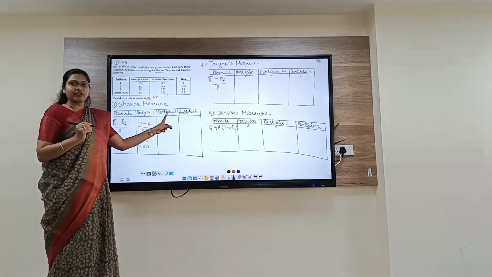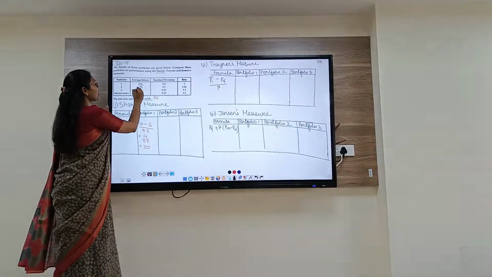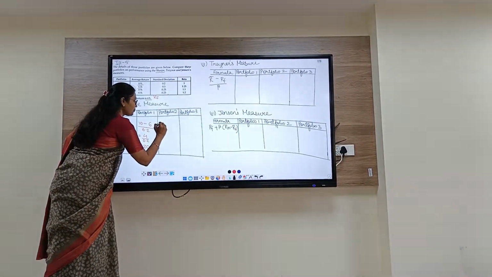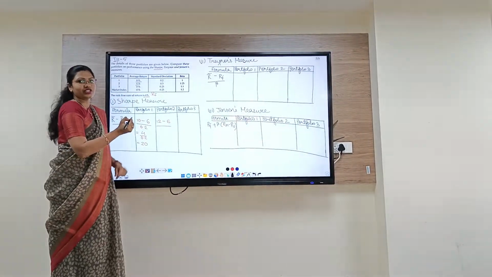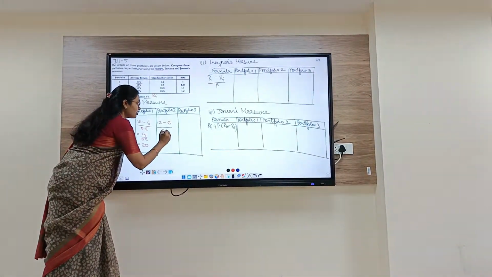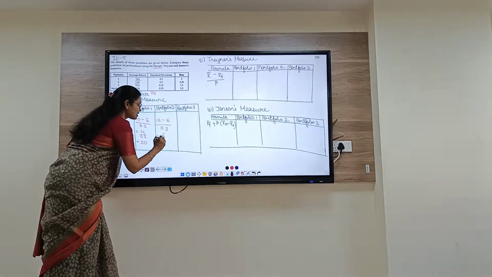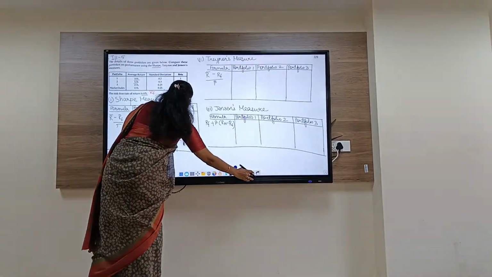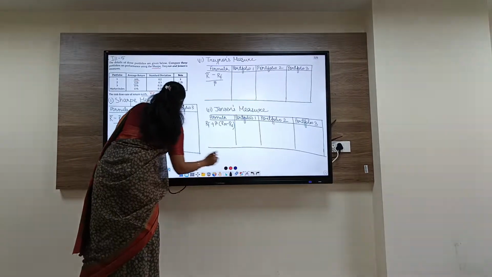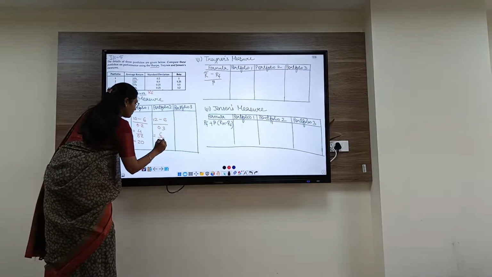Same way we have to calculate for portfolio 2. Average return is 12%, risk-free rate of return is 6, upon standard deviation 0.3. So 6 divided by 0.3 will give the answer of 20.